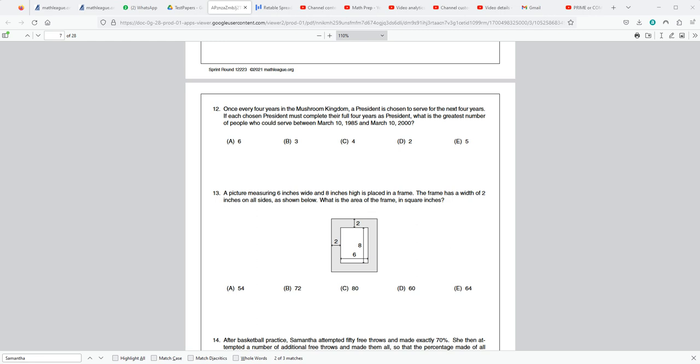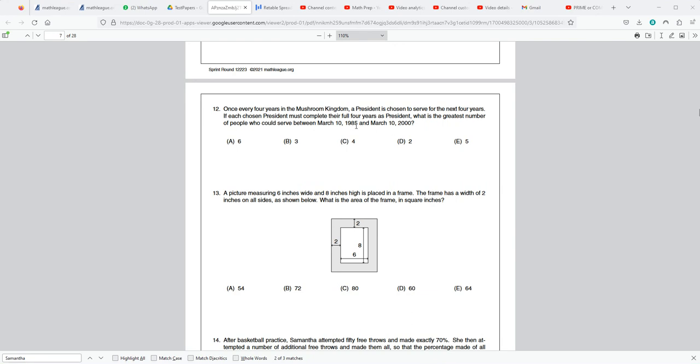Okay, you did almost well, but this was a tricky one. What they are asking is how many presidents can serve between 1985 and 2000, but they are not asking how many presidents can serve their full term between that time period.